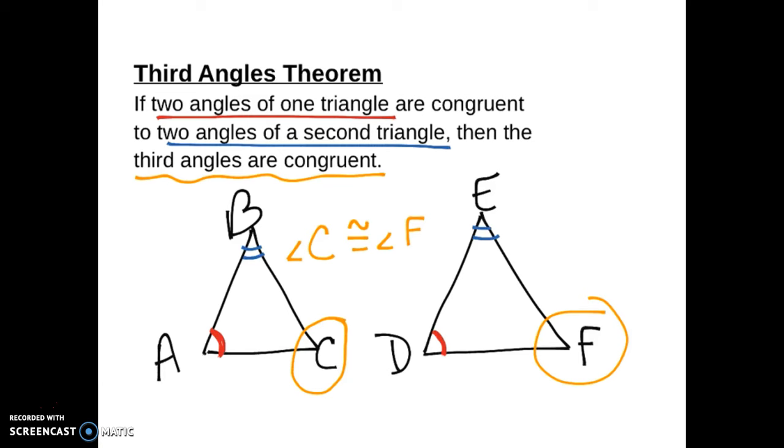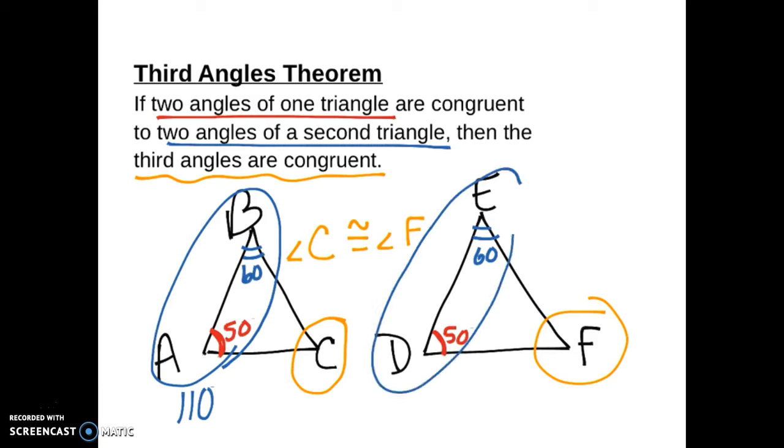So if we say angle A is 50 degrees and angle B is 60 degrees, and these other two angles on this side have to be the same, then I know that if I add up 50 and 60, I'm going to get 110 degrees. So these two angles here add up to 110 degrees, and these two angles here add up to 110 degrees.